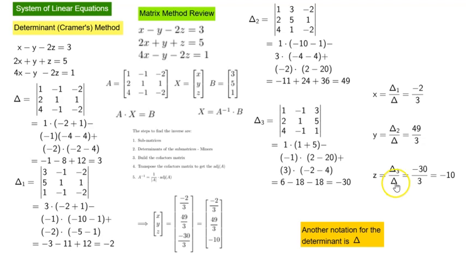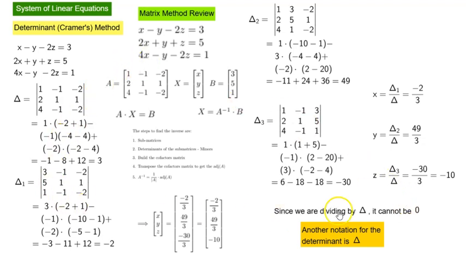And Z is equal to delta 3 by delta, which is equal to minus 30 by 3, which is equal to minus 10. Again, which matches the result from the matrix method. And remember here, we are dividing delta 1, delta 2, delta 3 by delta, which means delta cannot be 0.